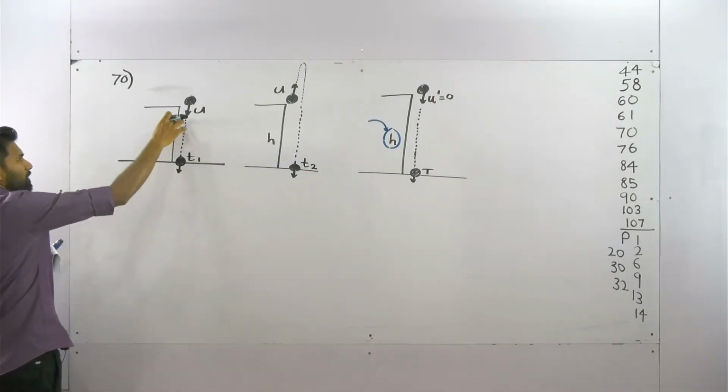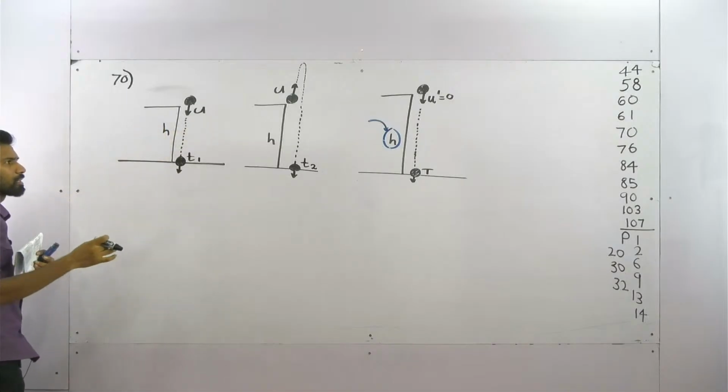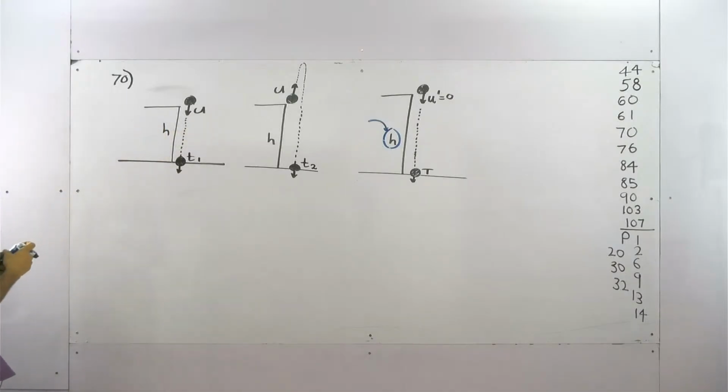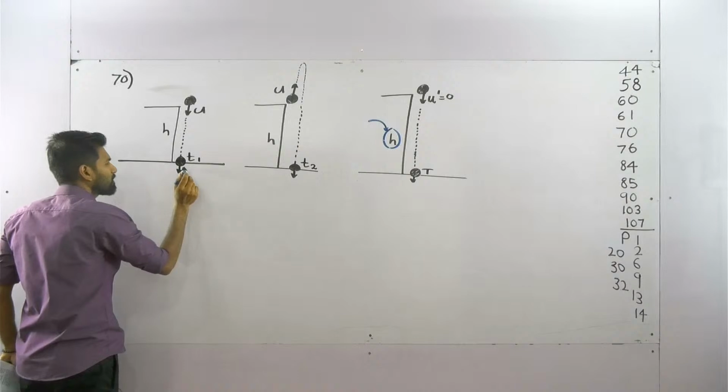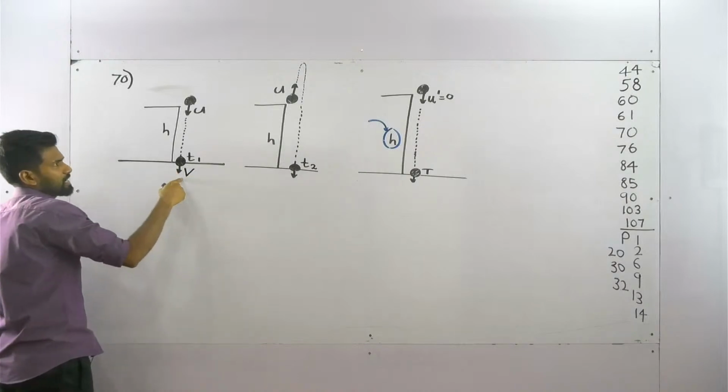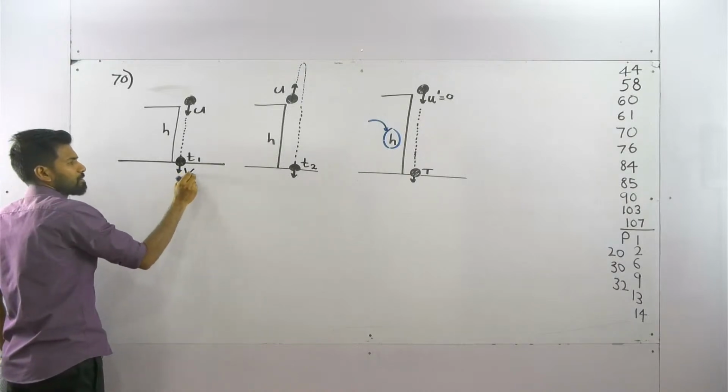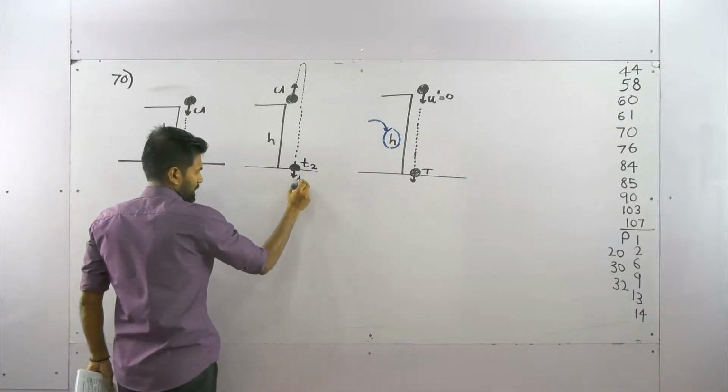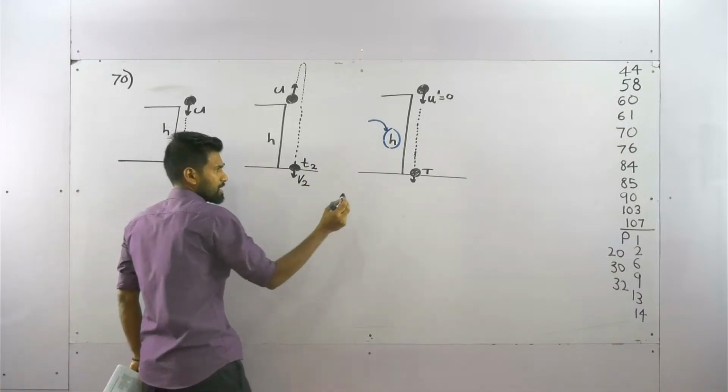Okay, so I need to have an answer for this h. Whatever equation I'm applying, I don't need to know the final velocity. Let's say it is V1 here, V2 here, V3 here.